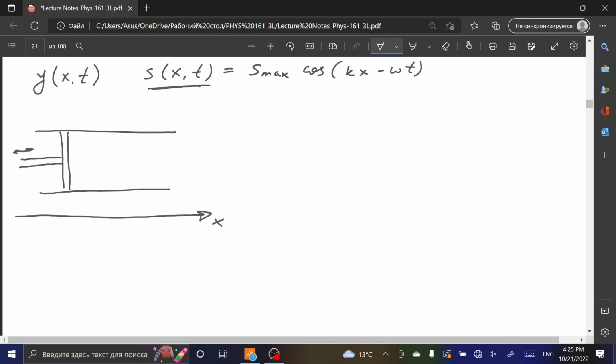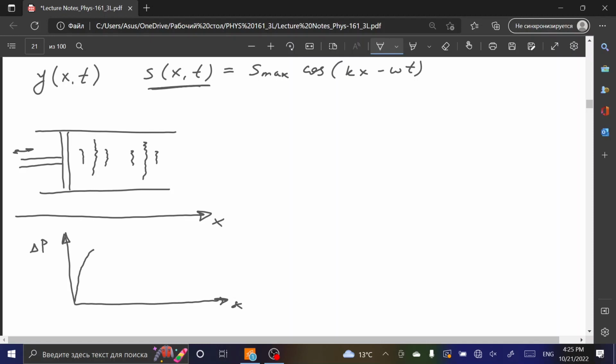As a result of this vibration of the piston and motion of small elements of air, we create some areas with higher and lower pressure in this cylinder. So if we look here, let's say this will be the change in pressure, delta P, as a function of position x. So we will see something like this.